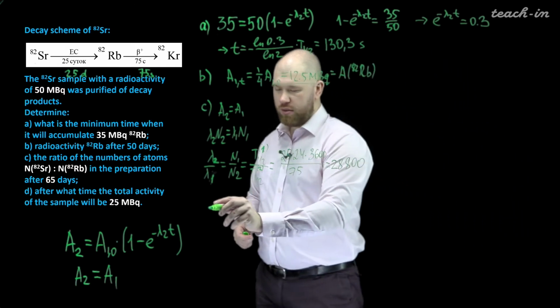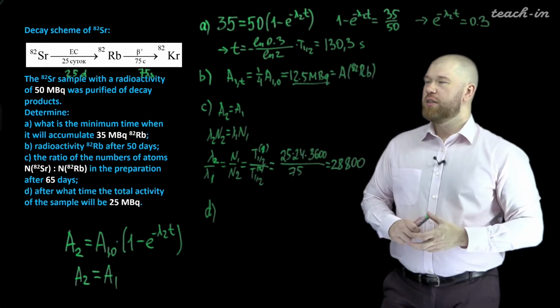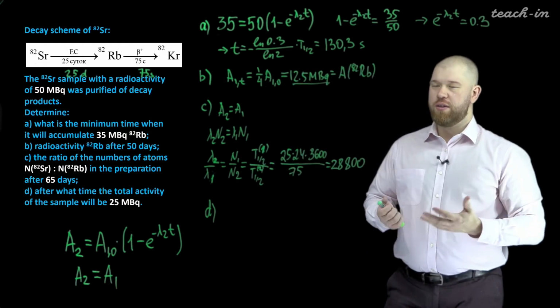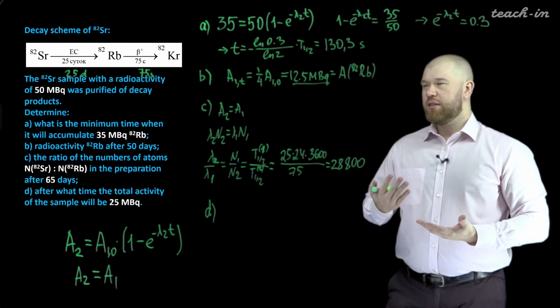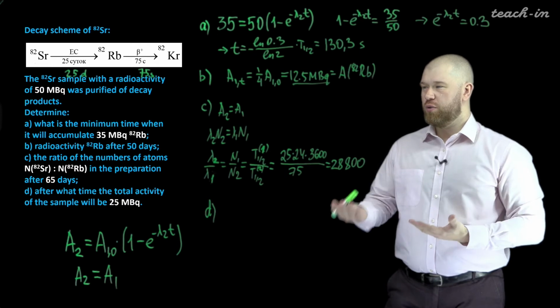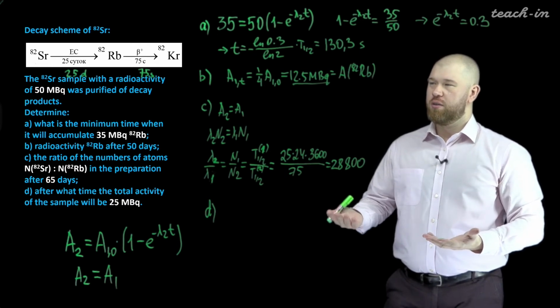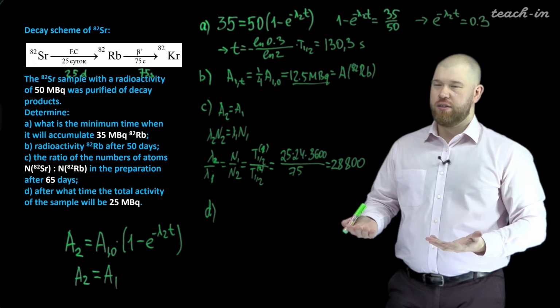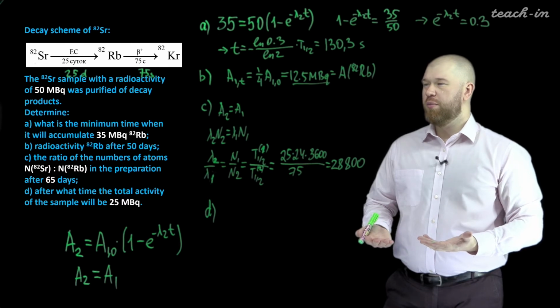And D is quite simple. When the total activity will be equal to 25 megabecquerels, that means that it is a sum of the activity of strontium and rubidium. We know that quite fast these activities will be equal, and thus we have to determine time.